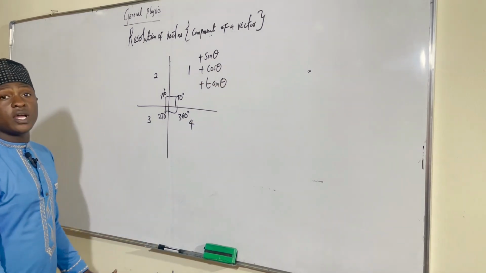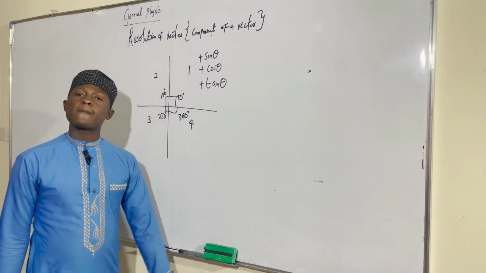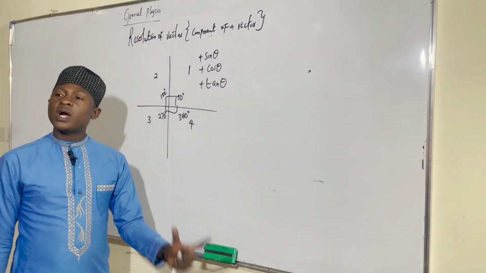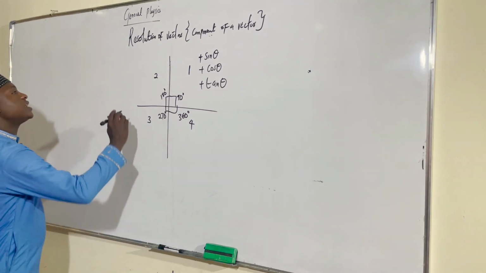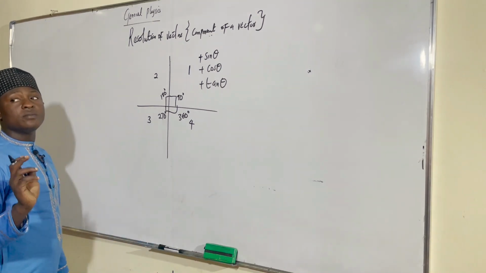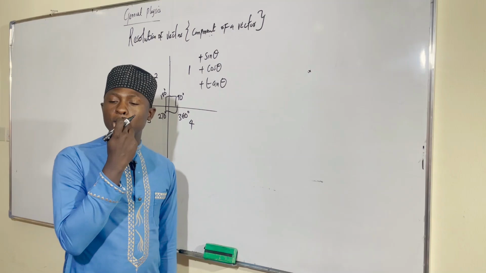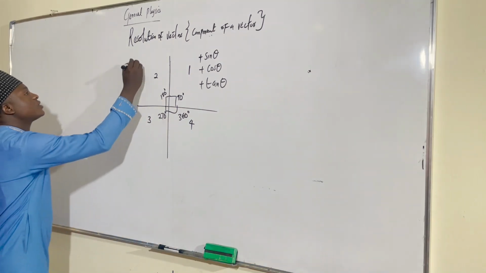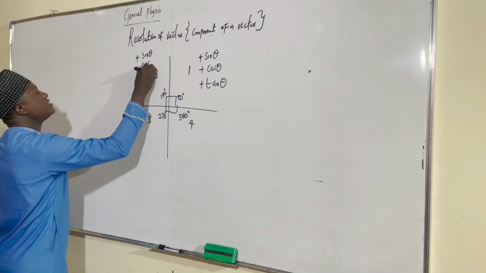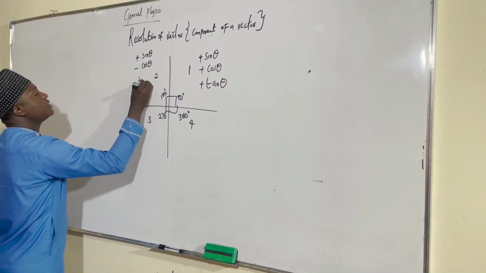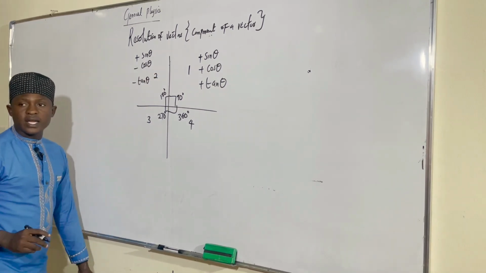Any of these three that we have, either sine, cos, or tan, all are positive in the first quadrant. In the second quadrant, any angle from 91 to 180, only sine is positive, cos is negative, and tan is also negative.